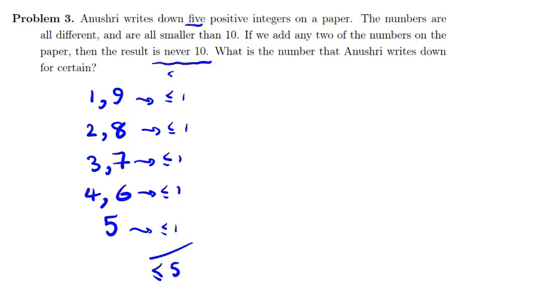But because we know we select exactly 5, all of them should be exactly one number from each pair, and one number from here. Here we have only 5, so we have to select it. What's the number Anushri writes down for certain? The answer is 5. We have to select 5.